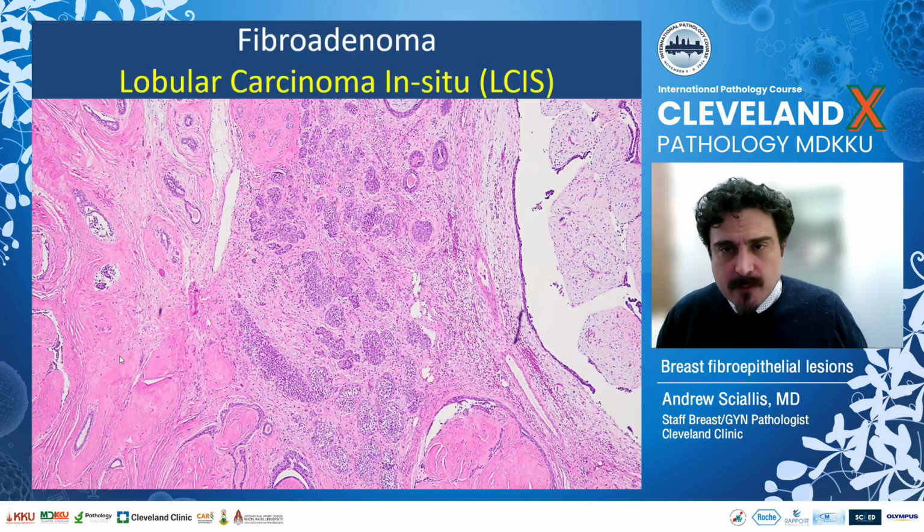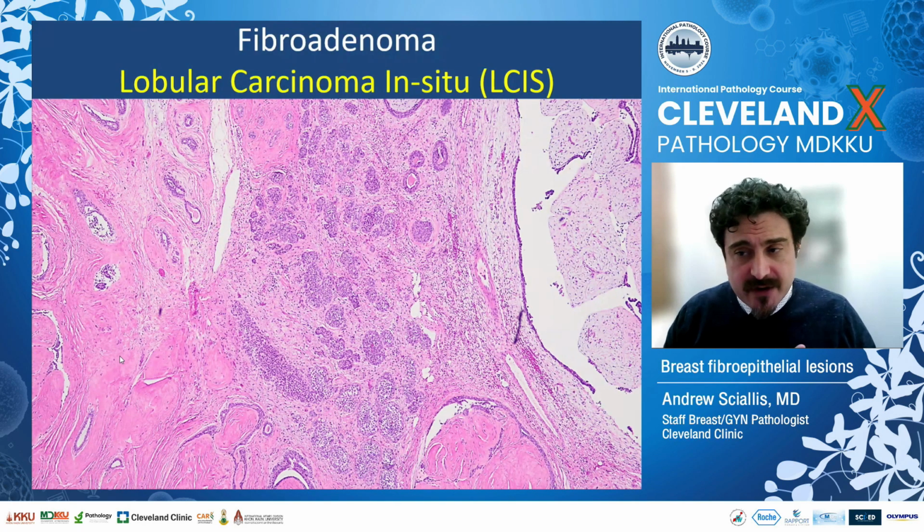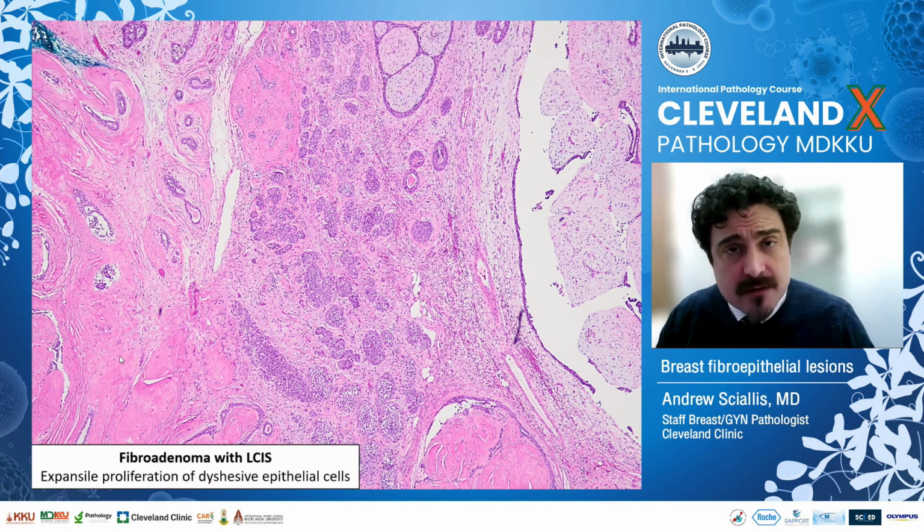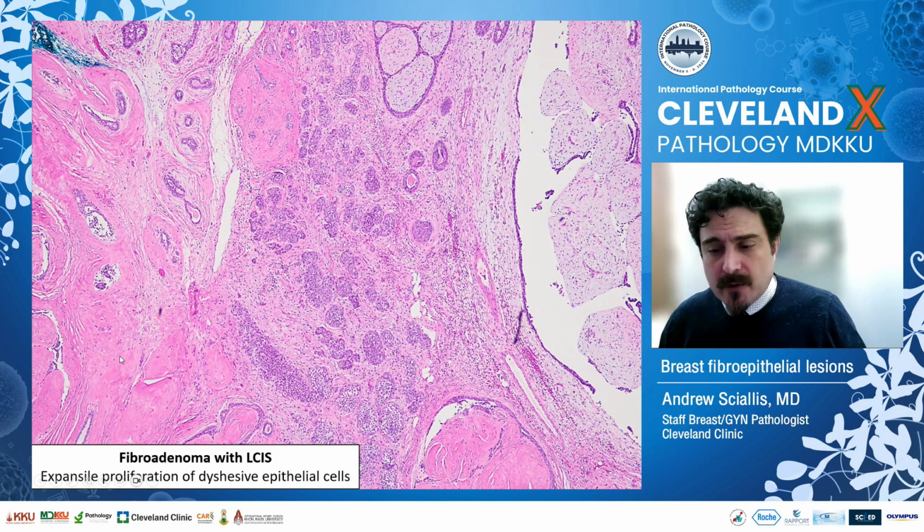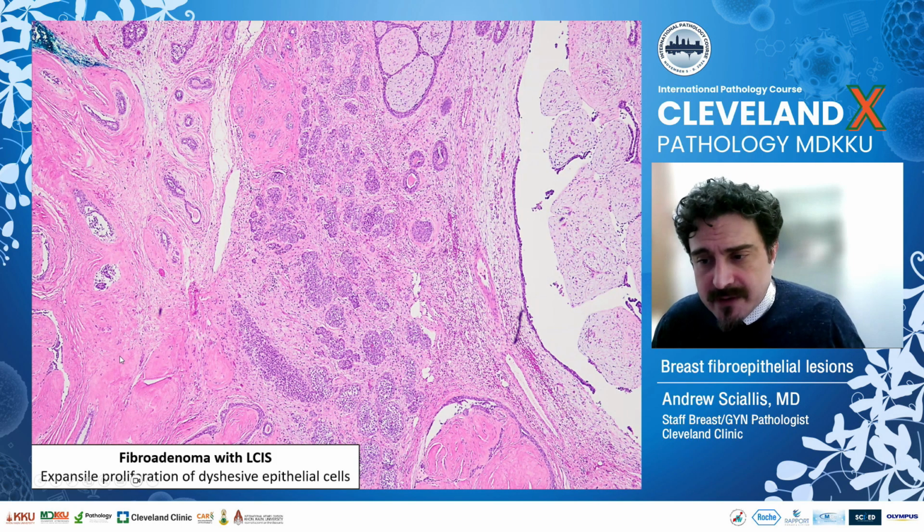But the one that I look for, because I think that lobular neoplasia is very sneaky, it's very hard to see, is fibroadenomas with LCIS. And you would be looking for the same things, an expansile, in this case, one that's pushing out the epithelial component of discohesive epithelial cells, meaning the cells look like they're loose.